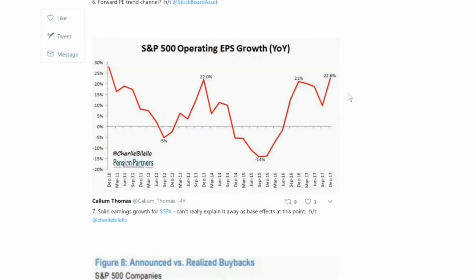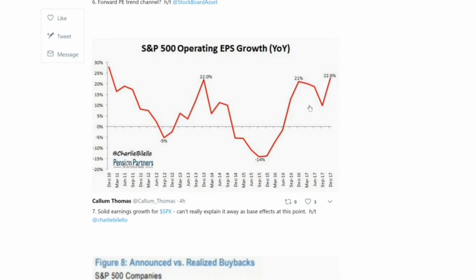And moving on to the next one, this is the S&P 500 operating earnings per share growth. And this is quite an important chart, I think, because most people have probably seen those forward earnings charts where there's been a big spike in forward earnings, and forward earnings growth has accelerated substantially, and that's down to the tax cuts.